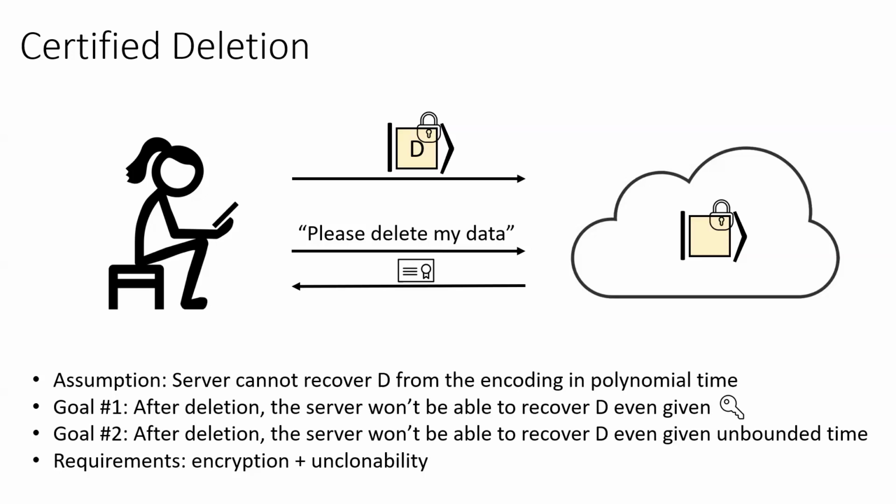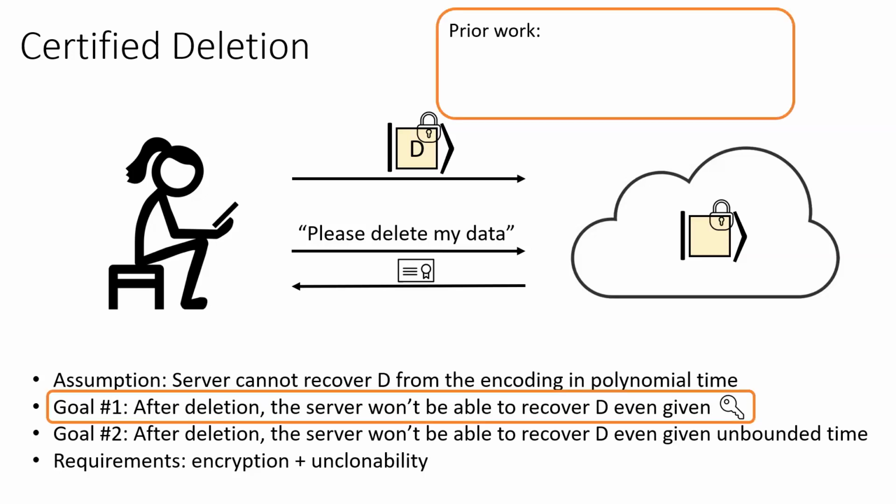And that also brings me to unclonability, right? Even this encoding must have some unclonable properties, because if it was clonable, the cloud could copy it and then pretend to delete one copy. Okay, so we really need both this encryption and these unclonability properties in order to satisfy these goals, right?